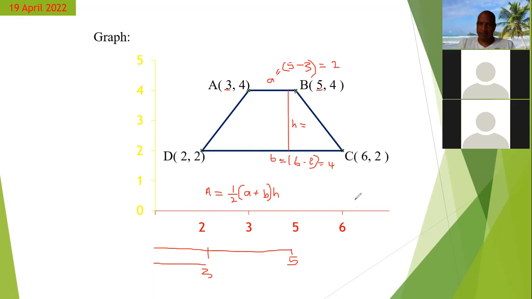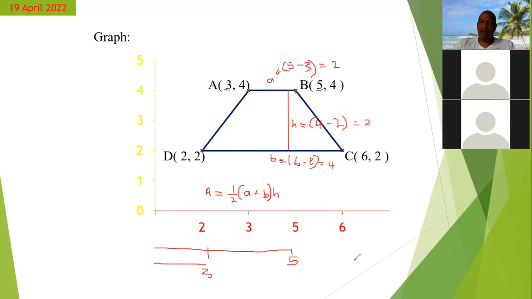It would fall between 2 and 4, sir. So what are you going to do? No, it wouldn't be add, still subtract. You take away the smaller one from the larger one, because remember, the height does not start down at the bottom and go all the way up. So now you take away 2 from 4, you have 2.